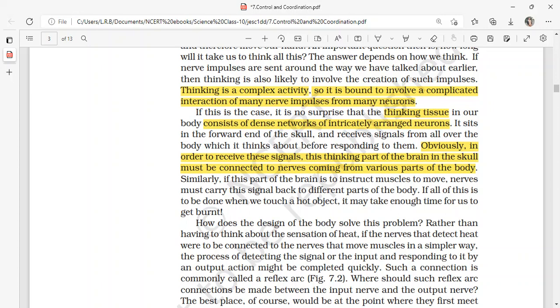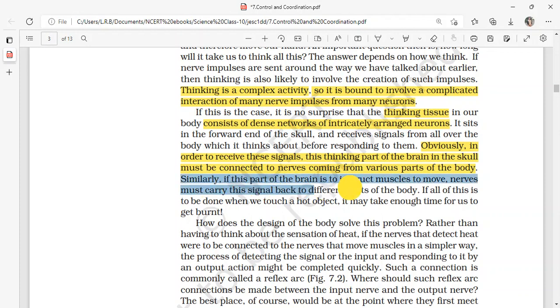In the same way, if our brain has to process information, its nerves have to be connected and spread throughout the body. Similarly, if this part of the brain is to instruct muscles to move, nerves must carry the signal back to different parts of the body.